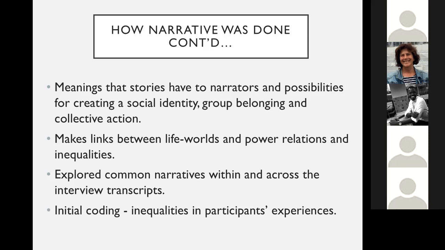So when I looked at all the transcripts, looked at all the stories, listened to the audios, and looked at the visual materials, one thing that came out very clearly was that there were some issues that would be considered common narratives across the whole data set.